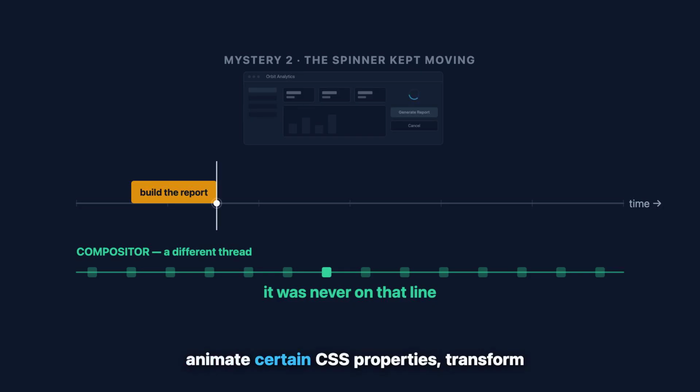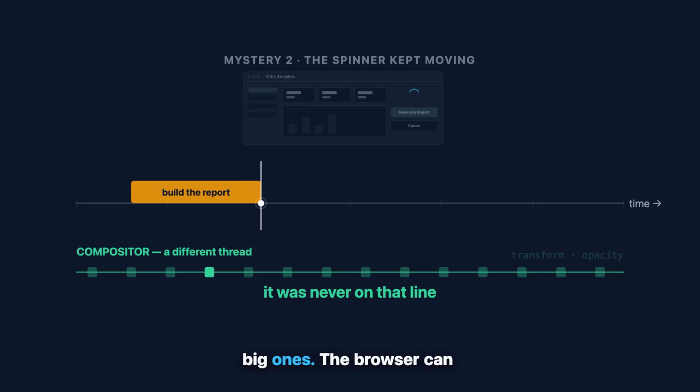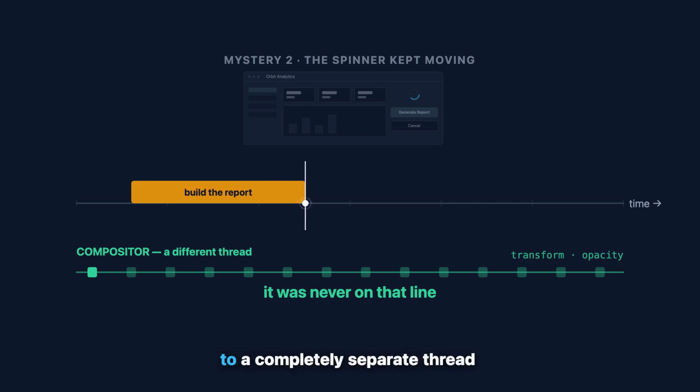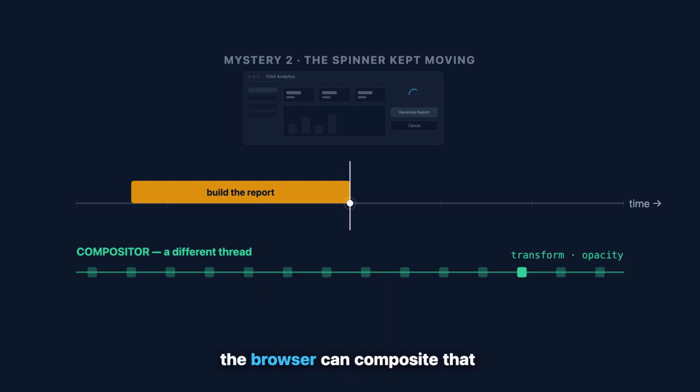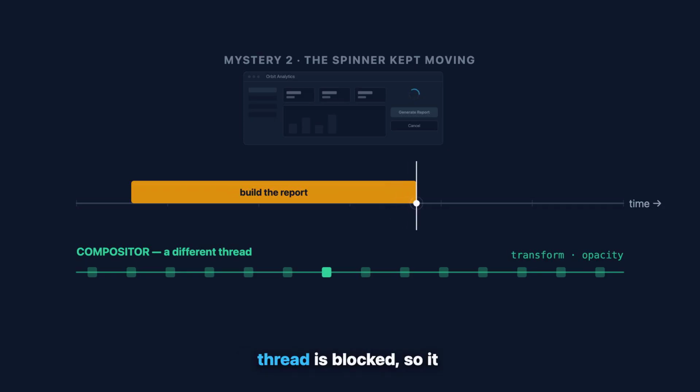When you animate certain CSS properties, transform and opacity are the two big ones, the browser can often hand that animation over to a completely separate thread called the compositor. And if the browser can composite that animation, it may have everything it needs to keep producing frames even while the main thread is blocked. So it gets its own line. And when the main line jams solid, this one just carries on.